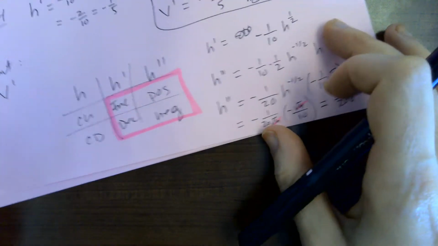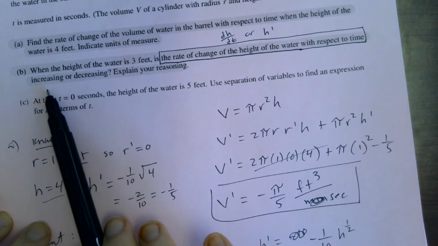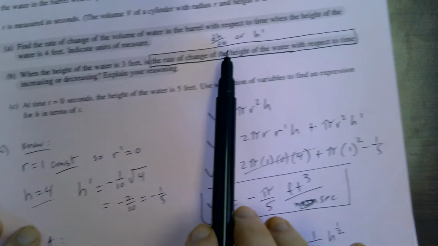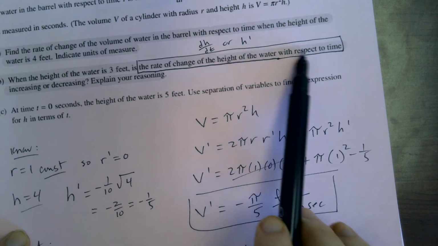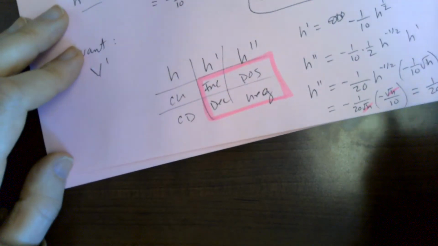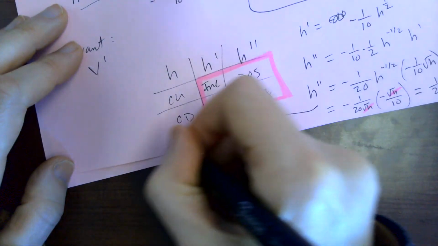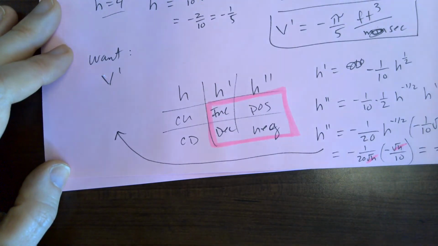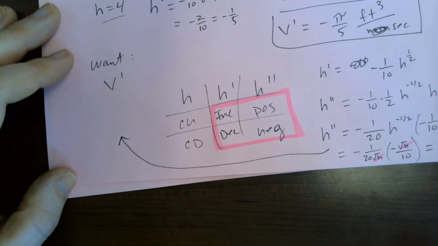So, is the rate of change of the height of the water, so is H prime, increasing or decreasing? Explain your reasoning. In the notes, guys, I wrote this a lot nicer.